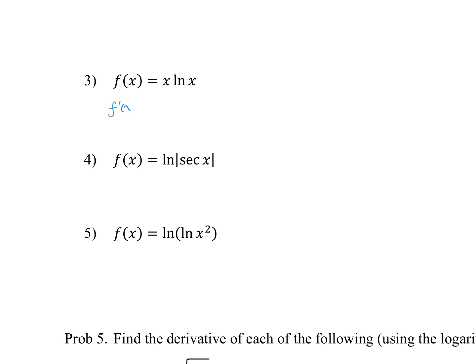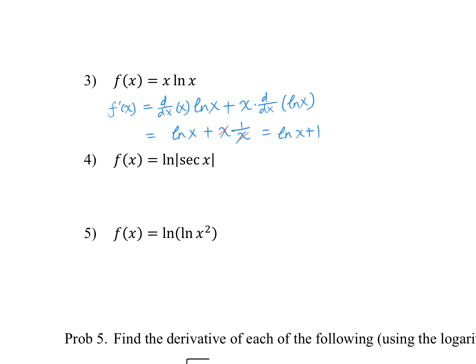So the derivative of f of x will be the derivative of the first function times ln x, the second function, plus the first function times the derivative of the second function, which is equal to the derivative of x, just 1, times ln x, which is just ln x, plus x times the derivative of ln x, which is 1 over x, and they cancel out, and therefore we have ln x plus 1.